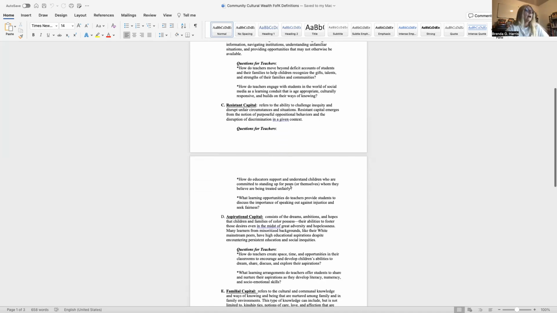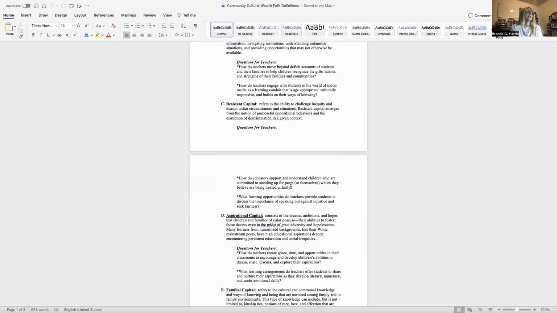Okay, the next kind of capital we're looking at is resistant capital. This refers to the ability of students to challenge inequity and disrupt unfair situations and circumstances. It emerges from the notion of purposeful oppositional behaviors. And kids are great at this. Kids across social groups will have a strong sense of what is fair and unfair, and they will tell you.